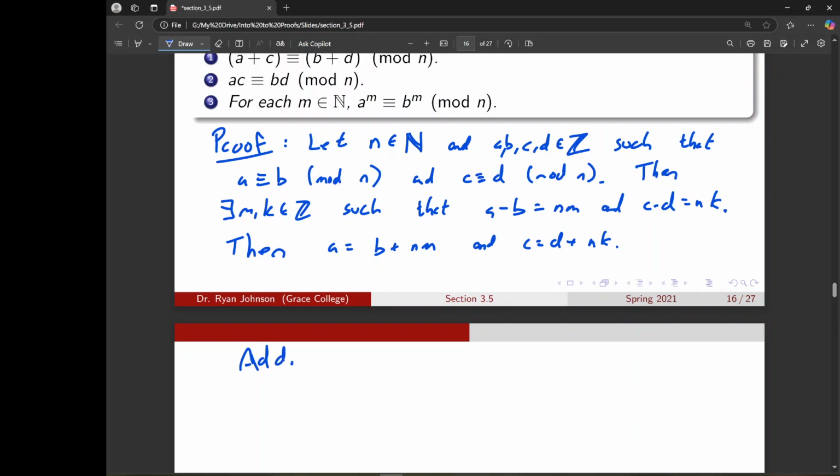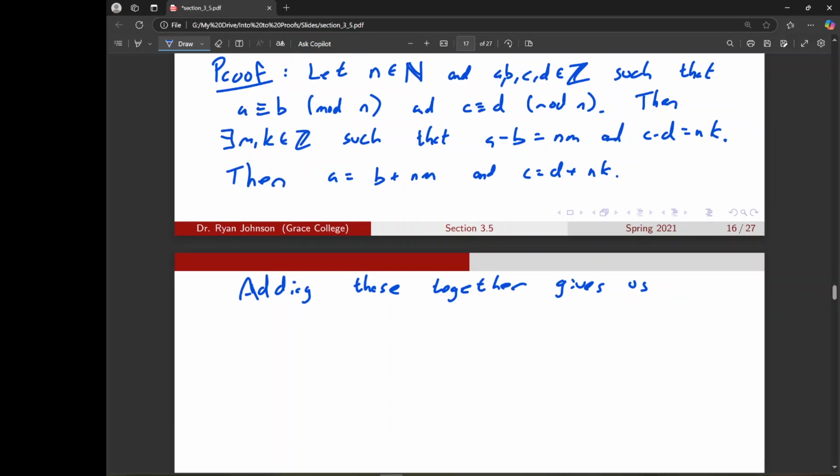Adding these together gives us a plus c equals b plus d plus nm plus nk equals b plus d plus n times m plus k.